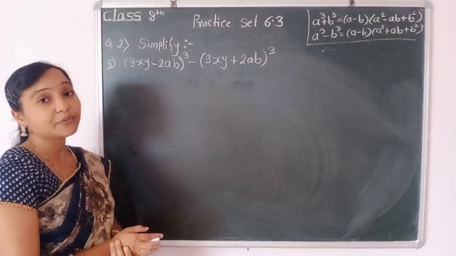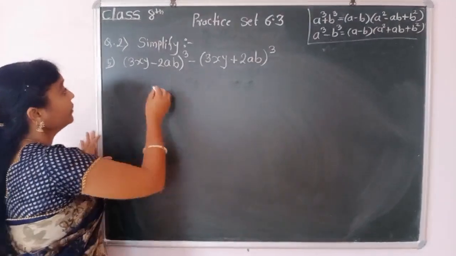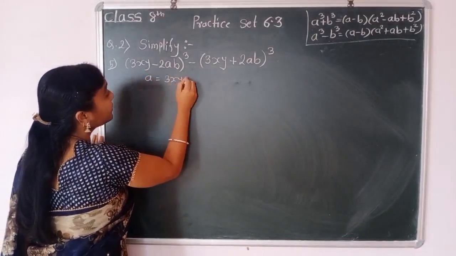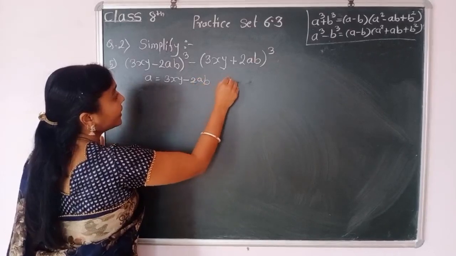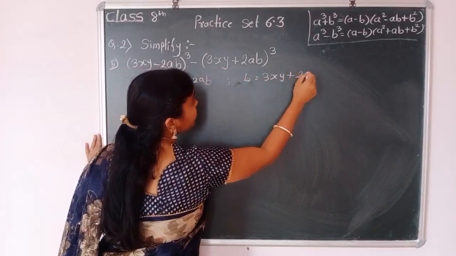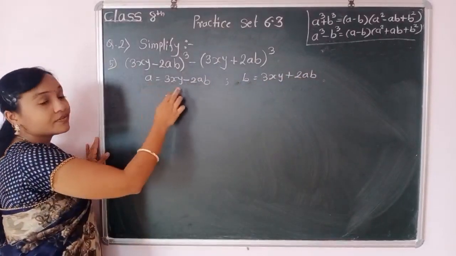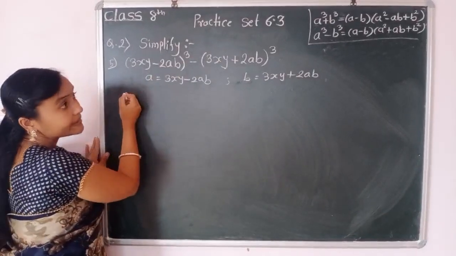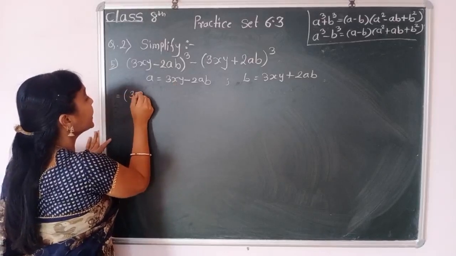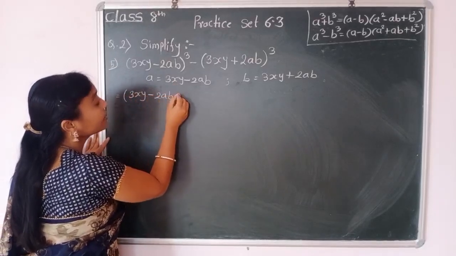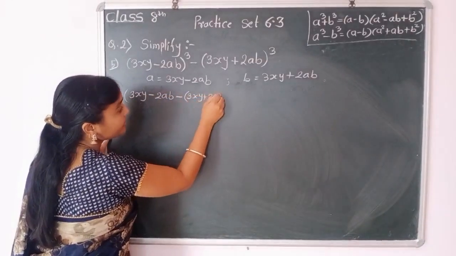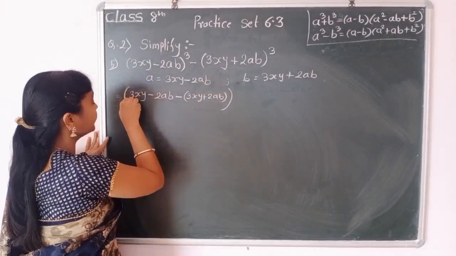Now we see example number 5. Observe this example. When we observe, we get a equal to thrice xy minus twice ab, and b is equal to 3xy plus twice ab. Put these values in our formula. A cube minus b cube means (a minus b), first bracket is a minus b. So we write down 3xy minus twice ab minus another bracket 3xy plus twice ab. Bracket complete.